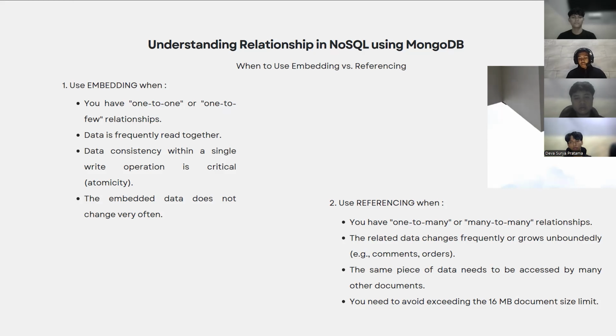We will use referencing when you have a one-to-many or many-to-many relationship; the related data changes frequently or grows unboundedly; the same piece of data needs to be accessed by many other documents; and you need to avoid exceeding the 16 megabyte document size limit.